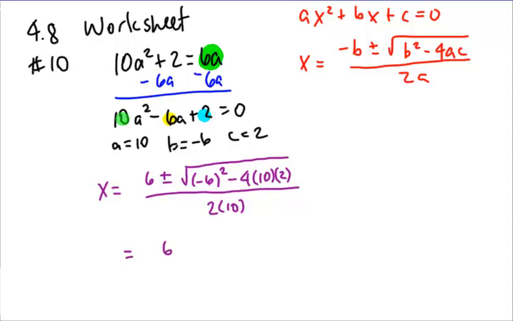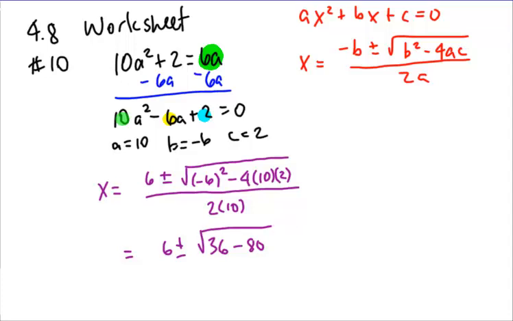So I'm going to have negative 6 plus or minus the square root of. And negative 6 squared is 36. And then 4 times 10 times 2 is 80. Okay? So far, so good, right?